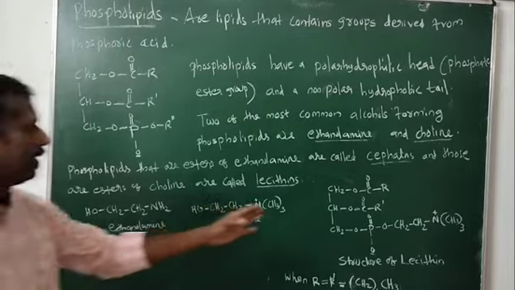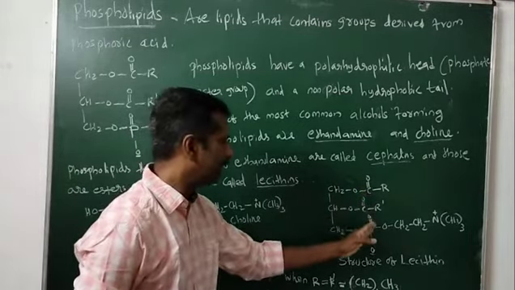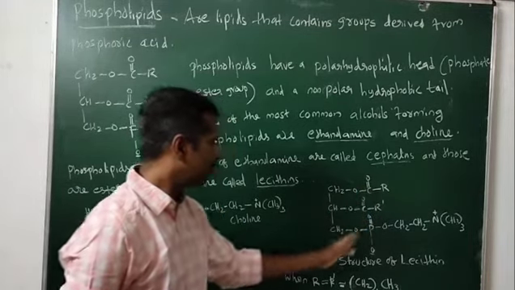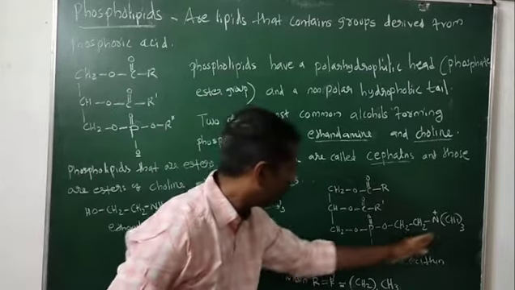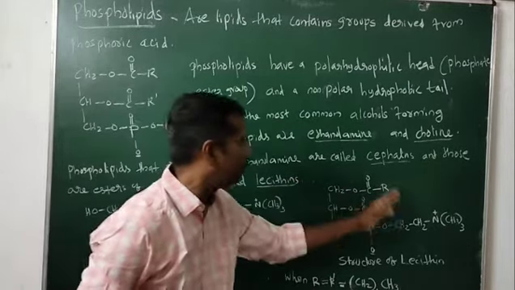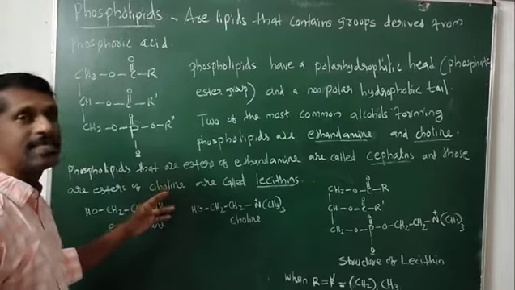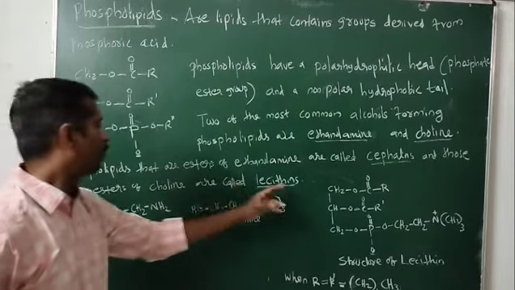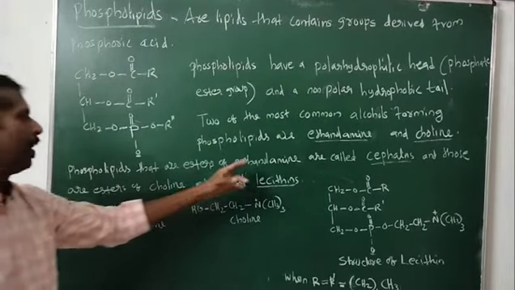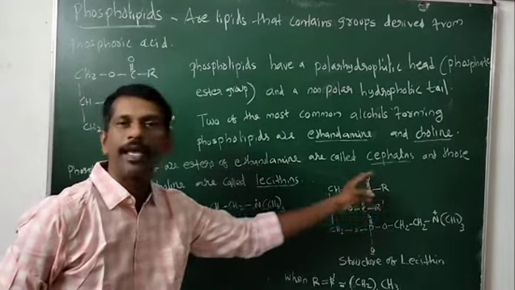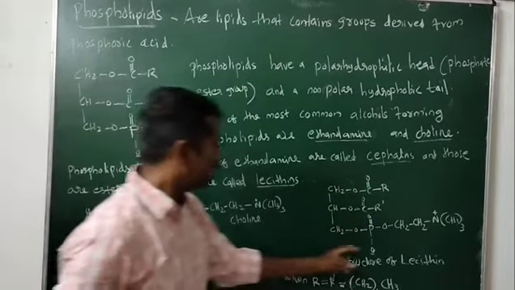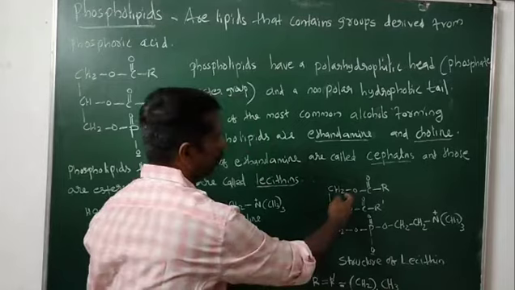Look at here. This is an example of lecithin. In this example, which is the alcohol? Choline, and of course we have a carboxylic acid. So this is the structure of lecithin, CH2O, COR.